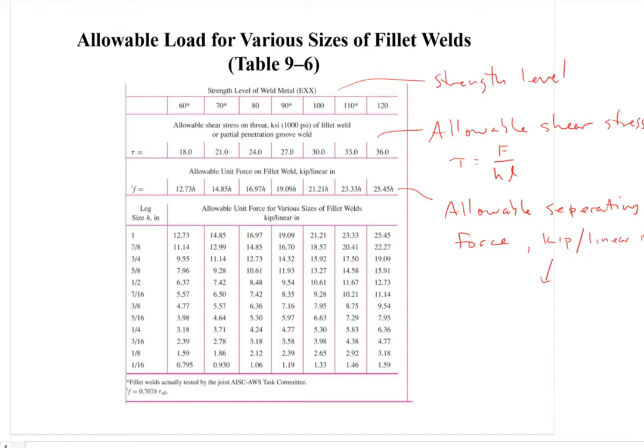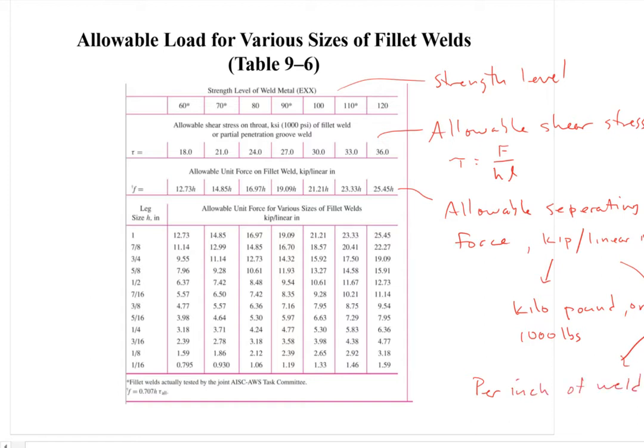And a kip, for those of you not in the know, is a kilopound, or 1,000 pounds. So this is per linear inch of weld.